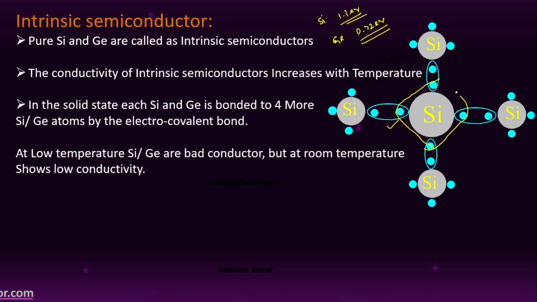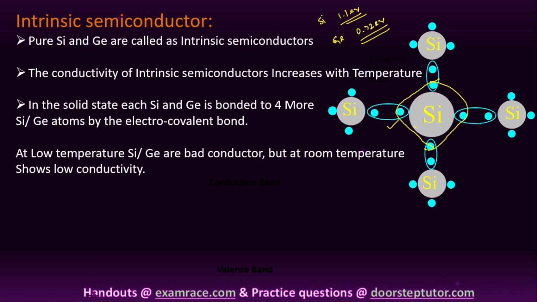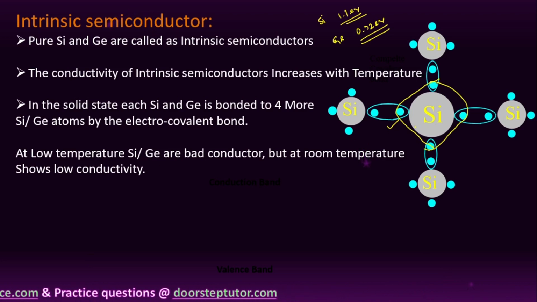Therefore these 4 valency electrons bond with the neighboring 4 silicon atoms and form an intrinsic semiconductor, right?